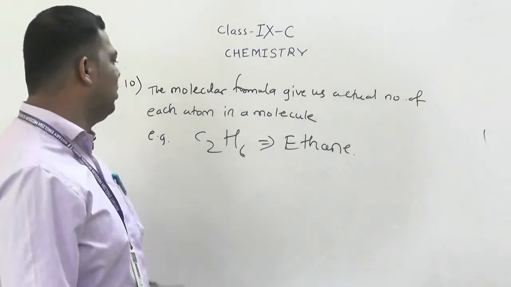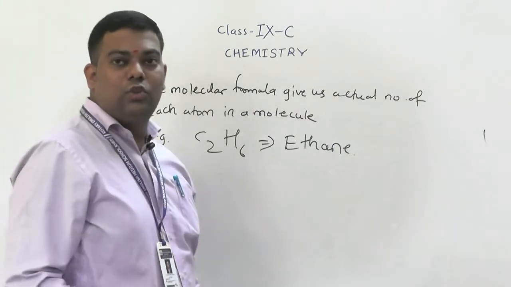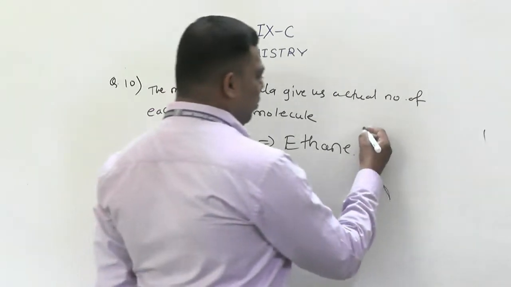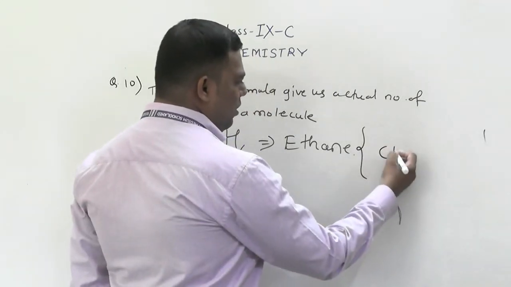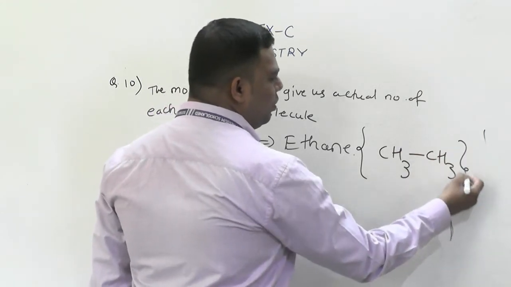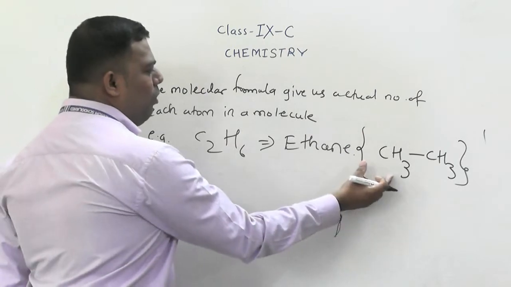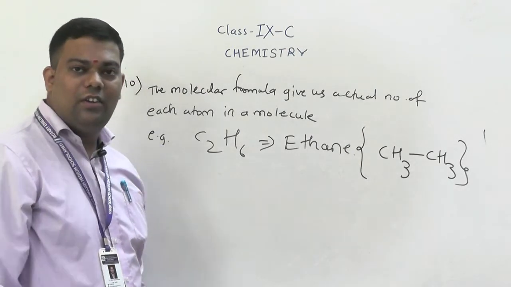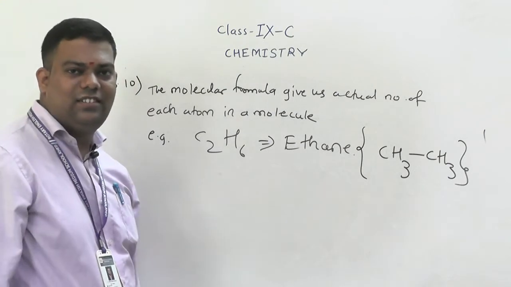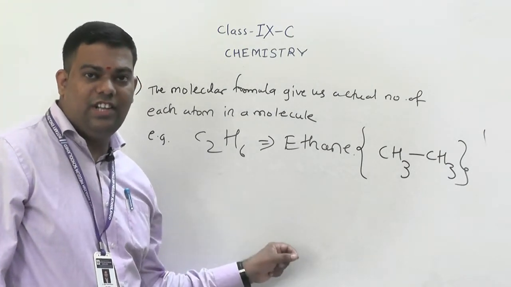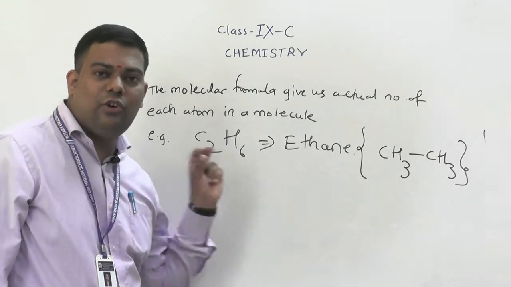That is C2H6. This C2H6 we can write in this fashion also, like CH3 CH3, meaning they are giving the actual number of each atom in a molecule, correctly defined. Whatever number they are giving us is correctly accurate.